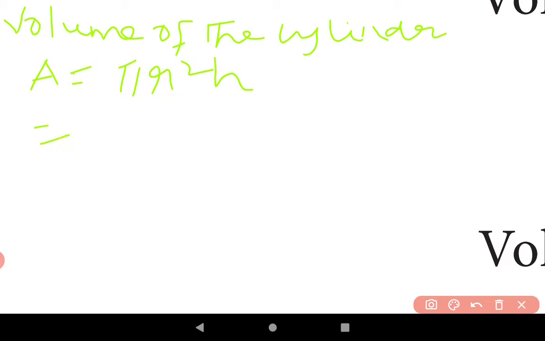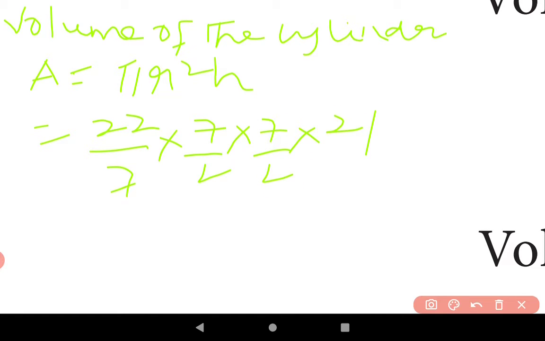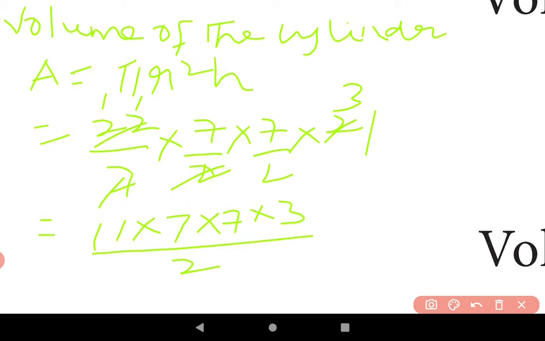So I can write the volume as 22 by 7 into 7 by 2 into 7 by 2 into 21. Now 7 threes are 21, and the 2 will go with 11. So the remaining is 11 into 7 into 7 into 3 by 2.